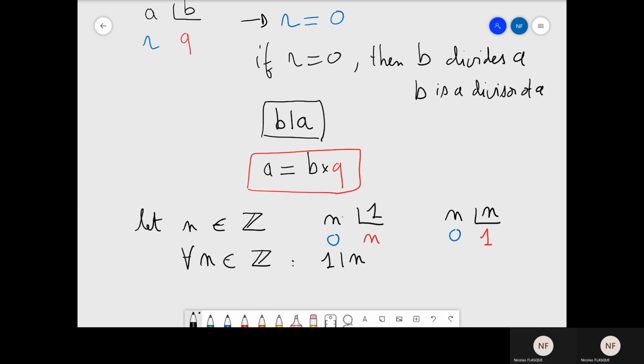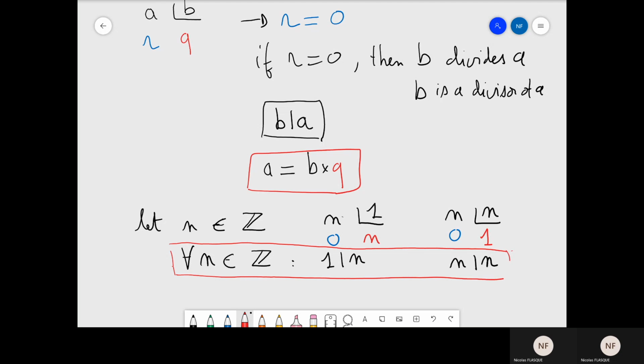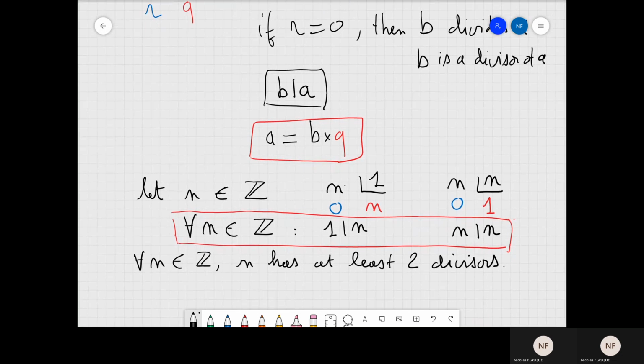As the remainder is 0, this means that n divides n, and that's true for any value of n. So for any integer number, n has at least two divisors. n may have more than two divisors, but it has at least two.